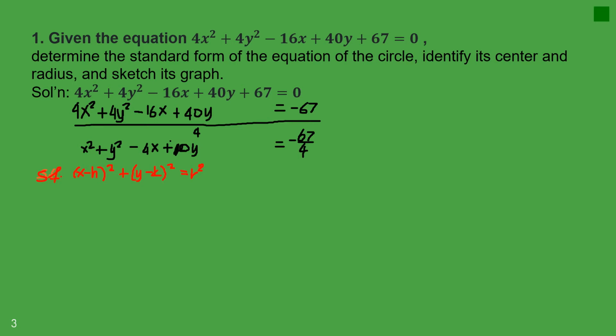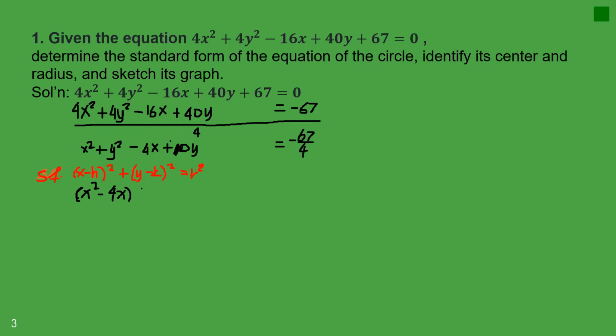Right? So to do that, let's group together the terms in our given equation, the terms with the same variables. So we write them together in groups. We have x squared minus 4x. This is one group because they have the same variable, the x.